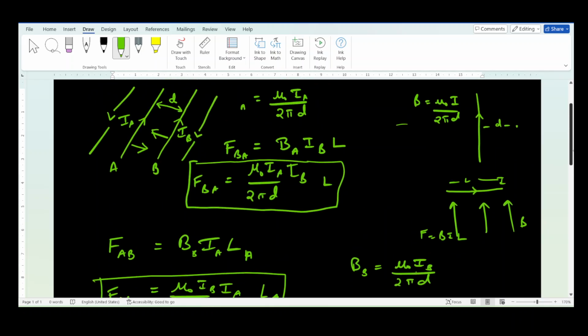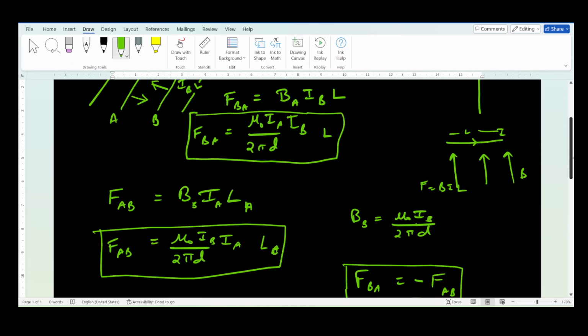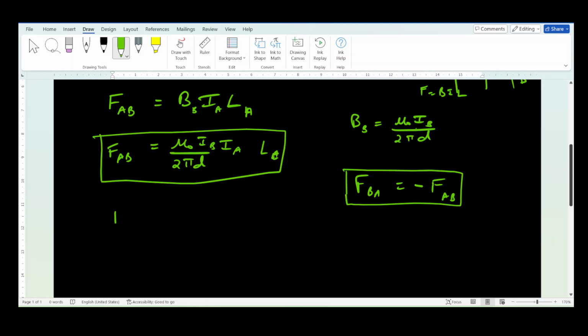So we have three boxes over here, and all the three boxes correspond to this derivation. So further we can have one more quantity over here. We can write force any wire would experience will be mu naught I1 I2 divided by 2 pi d. Any wire means in any of the two wires, wire A or wire B, and multiplied by the length of the wire.